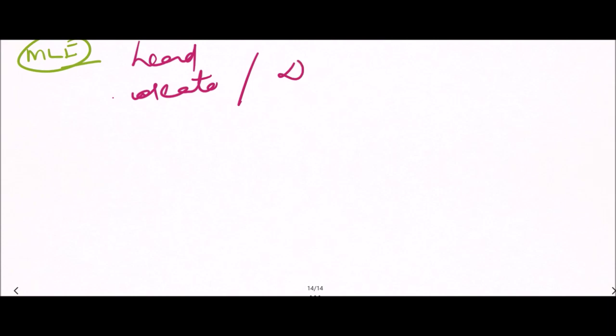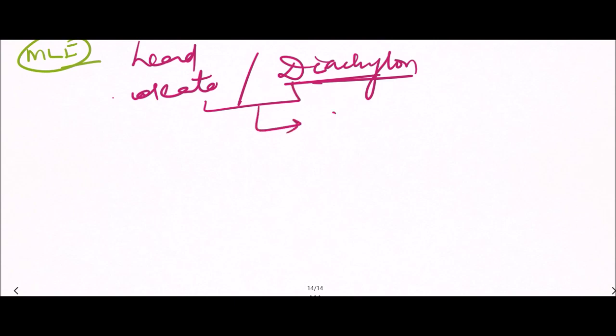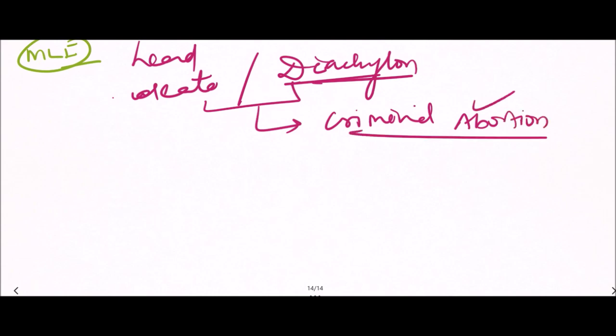Now, the medicolegal importance of lead poisoning. One compound of lead, known as lead oleate or diachylon, is used for criminal abortion. So lead is also used for criminal abortion.